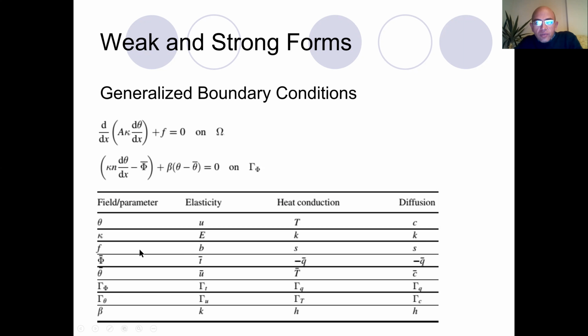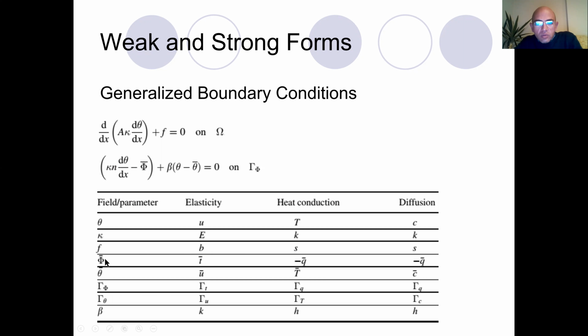Here, f, the source term, is b in elasticity, which represents the distributed loads. It is s for heat conduction, which is the heat generation rate, and s for diffusion, which is the source or rate of generation of particles at a certain location.